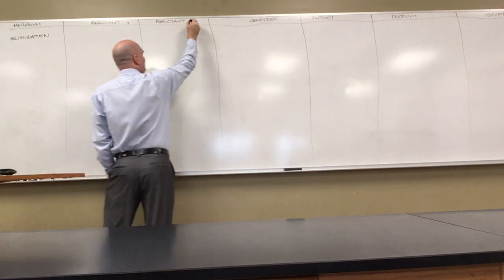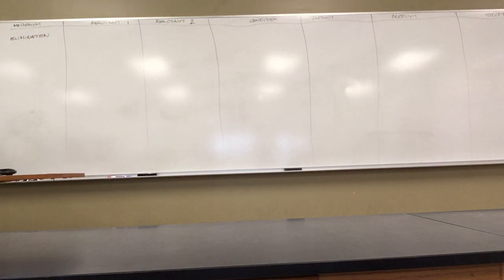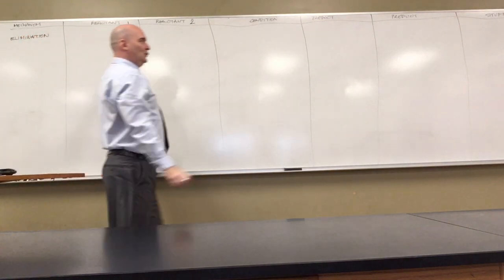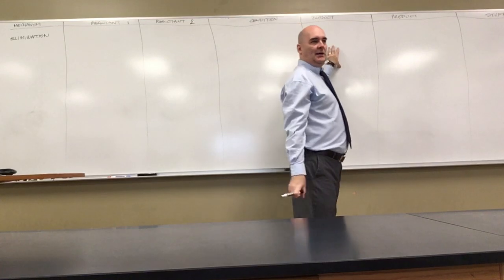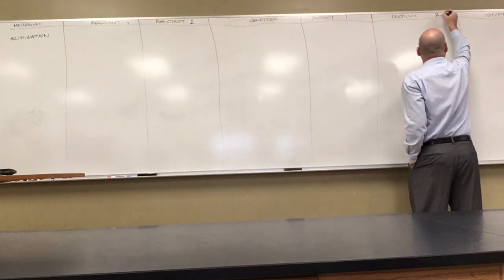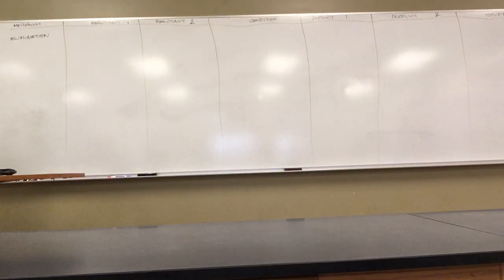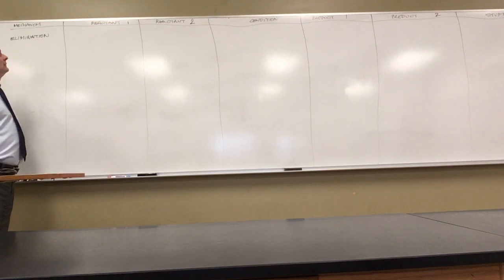And then reactant 2 will be the agent of cause that is causing my carbon chain to become the new thing. In an elimination, what's my carbon containing reactant?